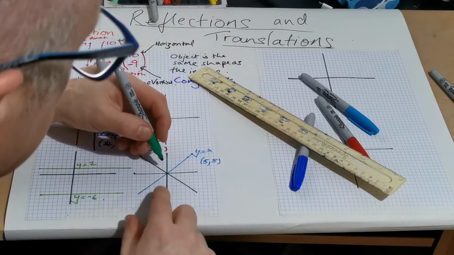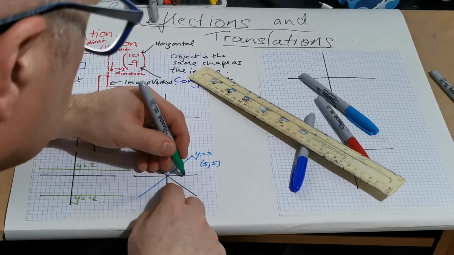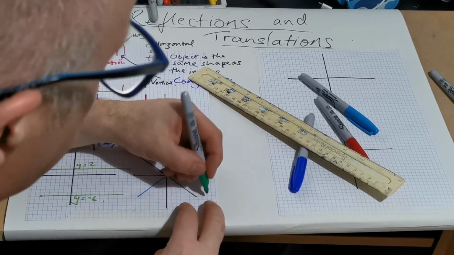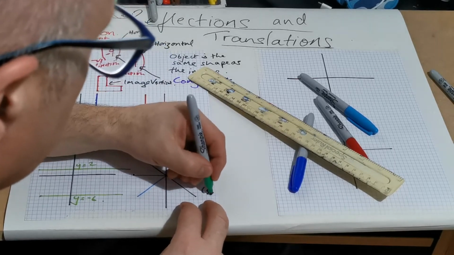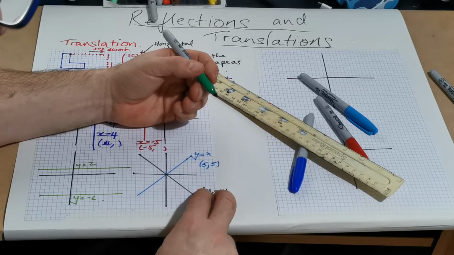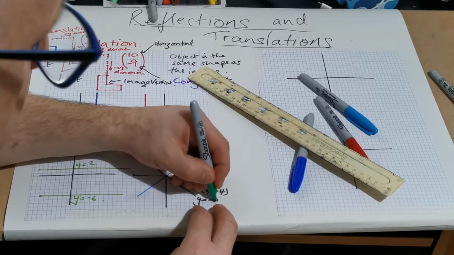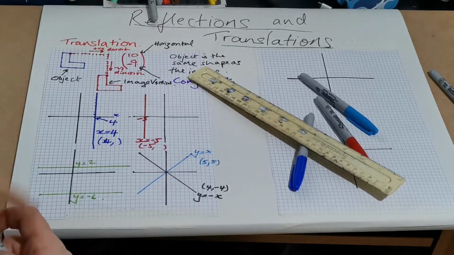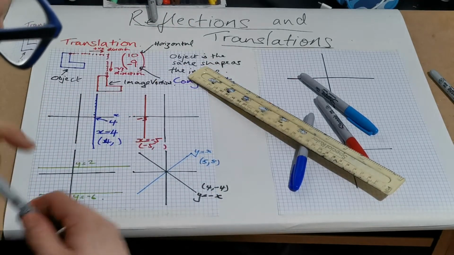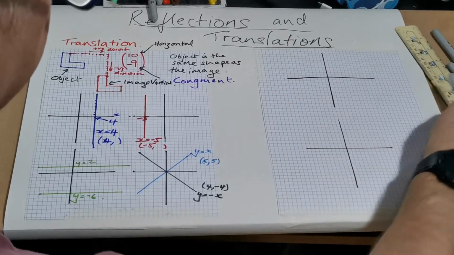But in this case, if I was to look on here, 2, minus 2, 4, minus 4, the second number, the y one, is always the negative of what the first one was. So y equals the negative x. Now we're going to focus on the horizontal and vertical ones mainly, but it's always useful to know those ones.